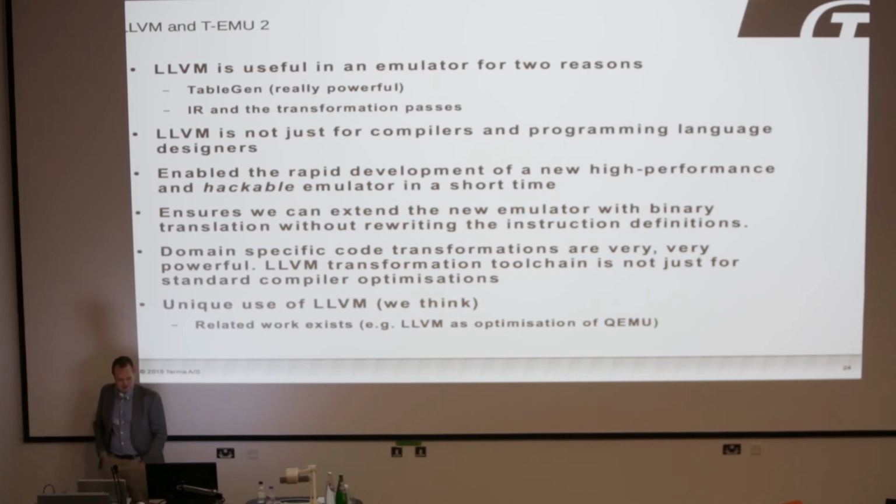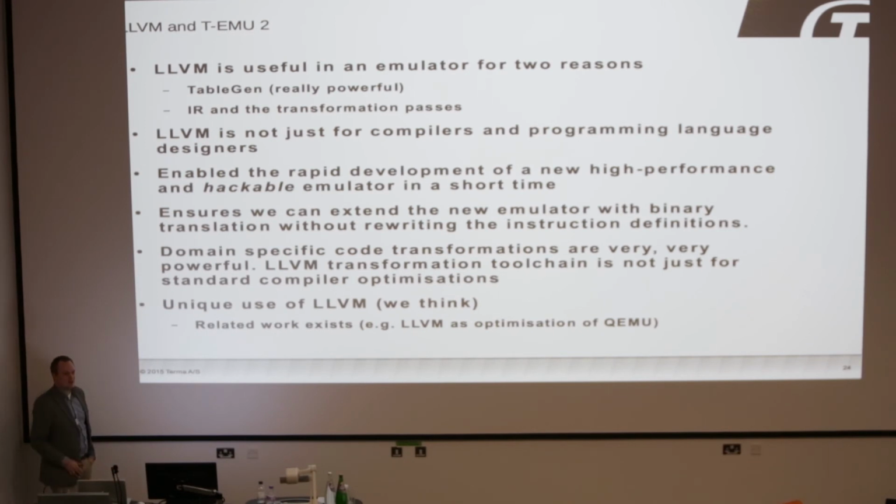Yeah. So to conclude here, we basically find that LLVM is really nice to use in an emulator for two reasons. We have TableGen, and we have the IR and all the transformation passes. So LLVM is not just useful for compilers and programming language developers, but it's also useful for a lot of other nice tools.